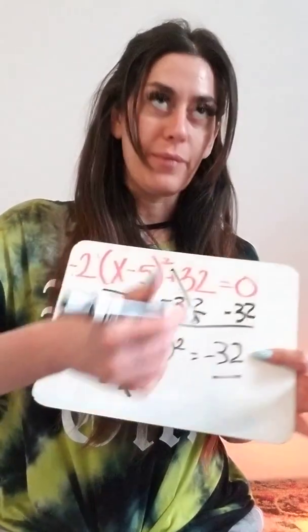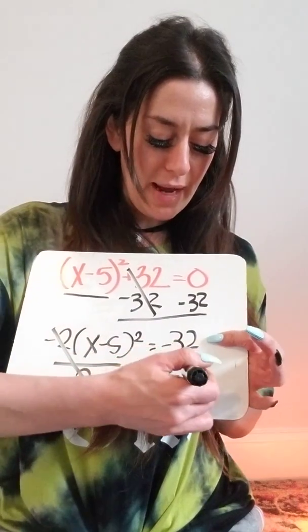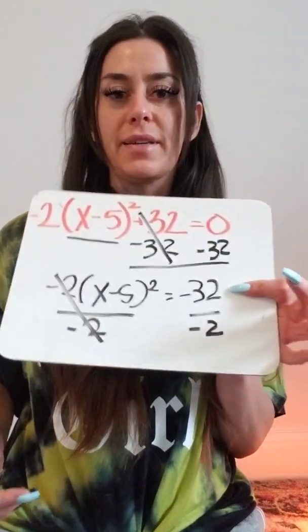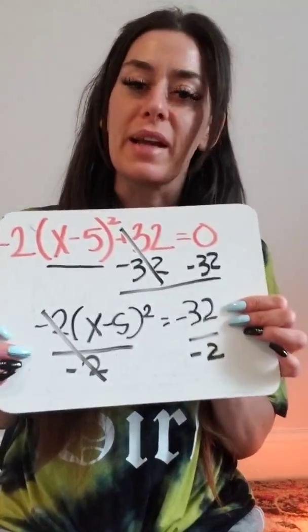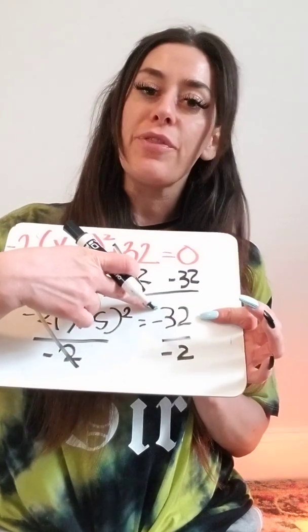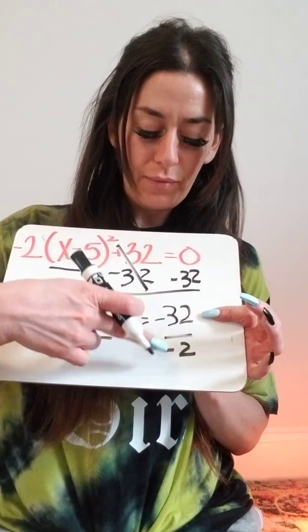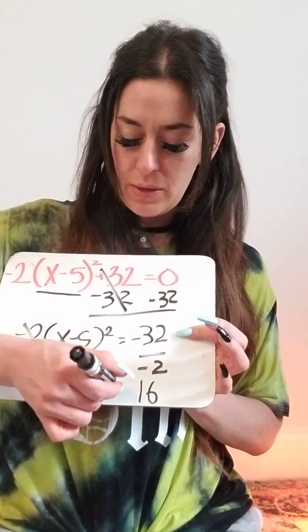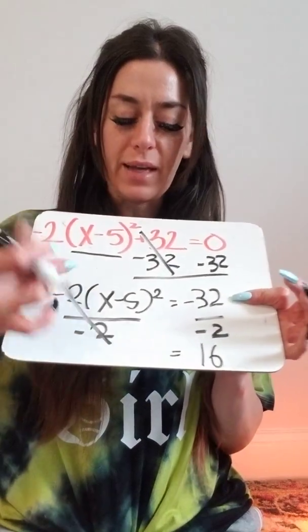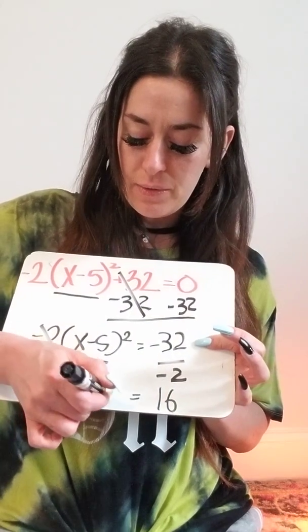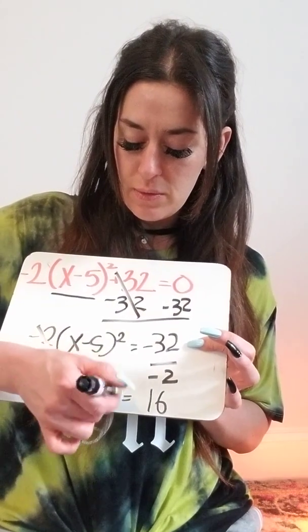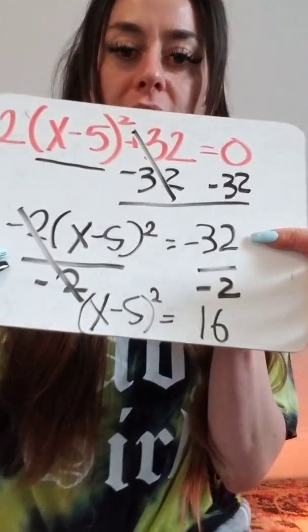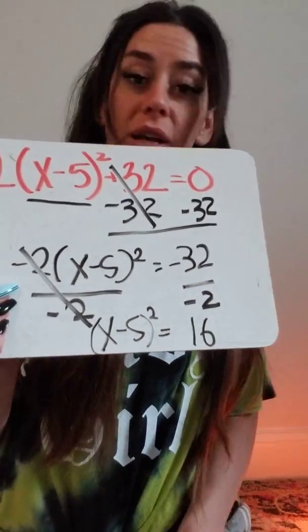Divide the right side by -2. And that -32 divided by -2 is 16. So now I just have x minus 5 squared equals 16. You are almost done.